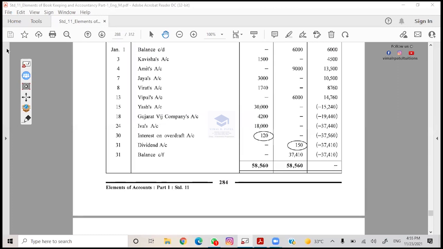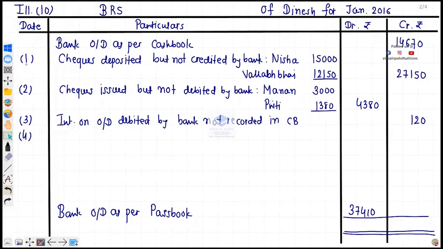Same way, dividend credited or collected by bank but not recorded in cash book. Now you have to do total. 14,670, 27,150 and 120. 41,940. Same will be the total of debit side.